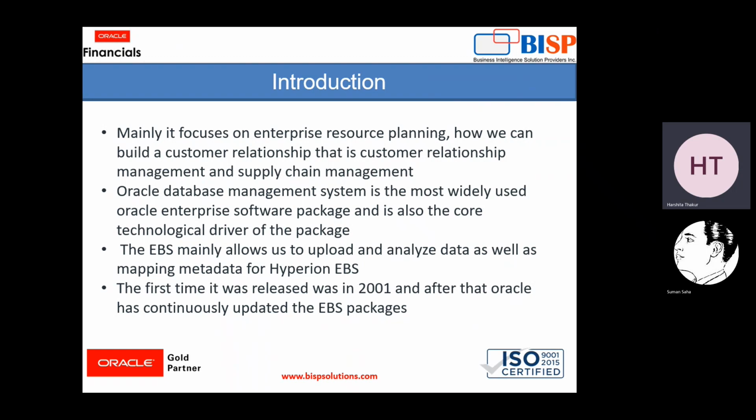The EBS mainly allows us to upload and analyze data as well as mapping metadata for Hyperion EBS. This is also very helpful in reporting. The first time it was released was in 2001, and after that, Oracle has continuously updated the EBS packages. And the version which we are going to cover in our session is EBS R12.